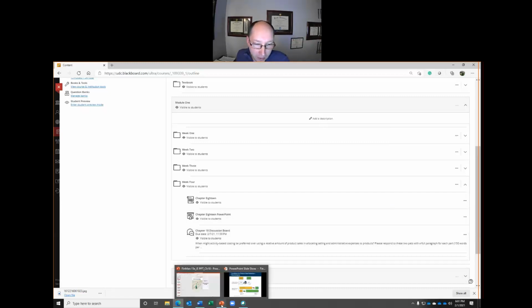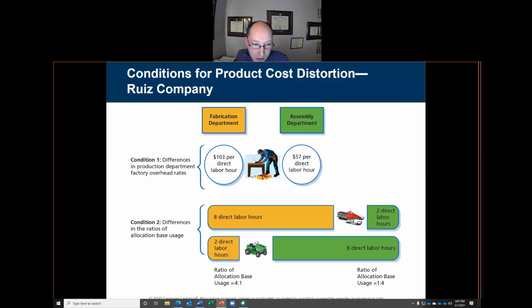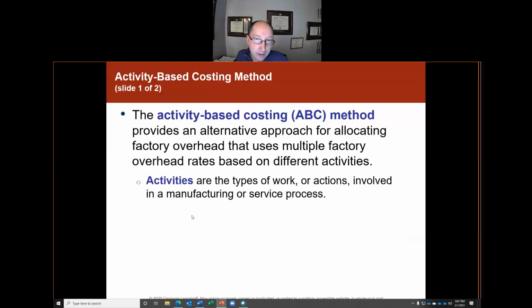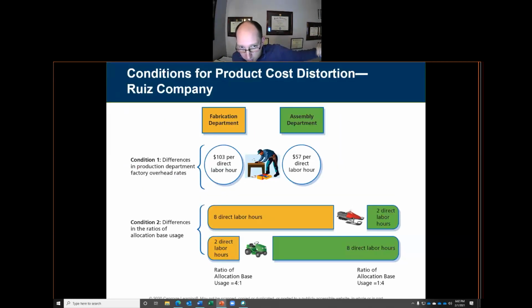And then we'll talk about the discussion for this week as soon as we finish up our presentation. But thank you. Absolutely. Okay. The moment we've all been waiting for, we're here. Before I get here, any questions at all on distortion costing before we get into activity-based costing, which is the majority of our discussion for tonight?